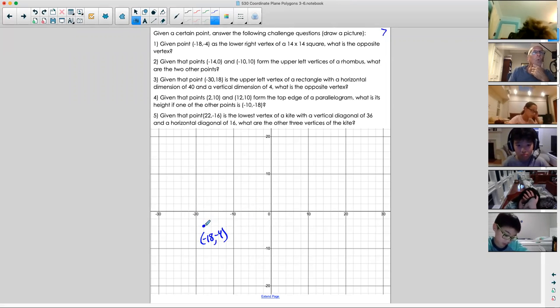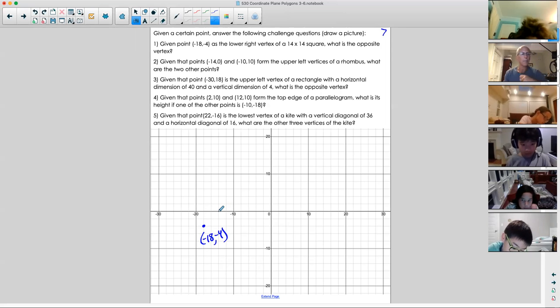Remember, this is the lower right vertex of a 14 by 14 square. So the thing I would do first is draw the square. And then you will easily find the opposite vertex.